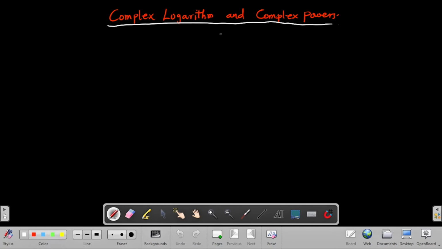Generally, if I give you any random complex number z equal to, let's say, e to the power w, you realize that if I want to simplify this expression, I'll have ln z equal to ln e to the power w.